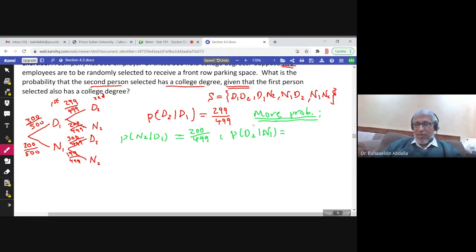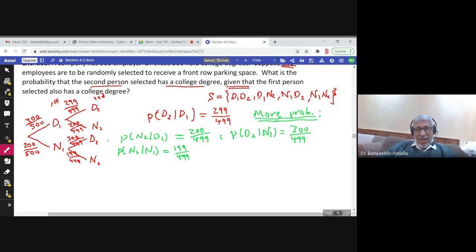Your answer should be 300 over 499. What is the probability of N2, the second employee has no college degree, given that the first has no college degree? 199 over 499. So these are the other conditional probabilities in the question.